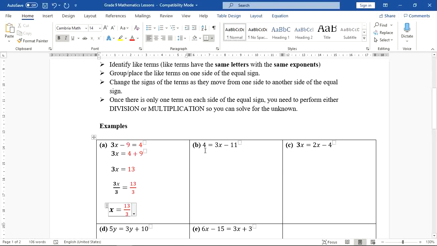Okay, let's go to part B. We have 4 is equal to 3x minus 11. So 4 and 11 are like terms. We need to move 11 to the left hand side. 11 is negative, so when it goes to the other side, to the left hand side, it's going to be positive.